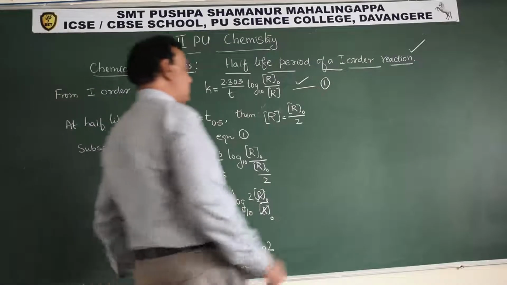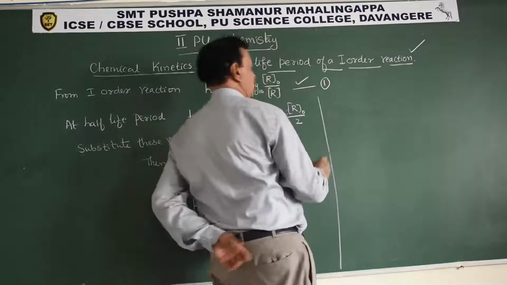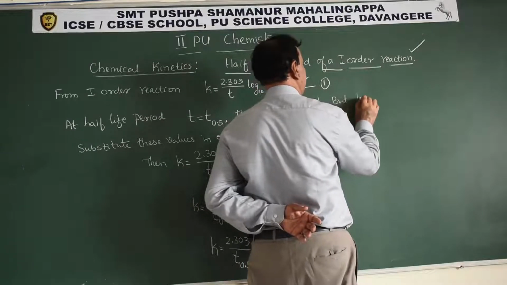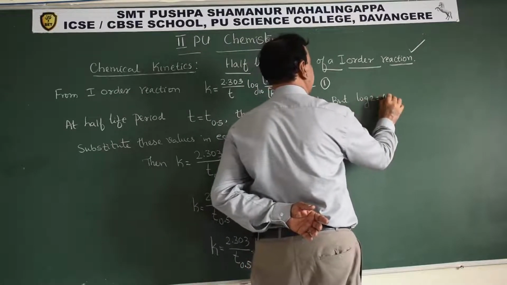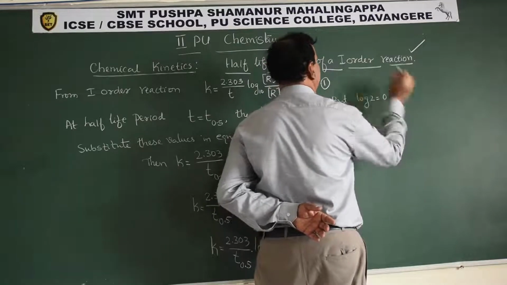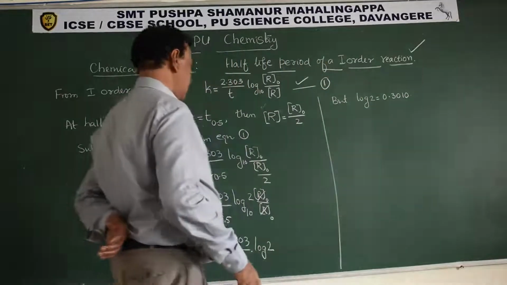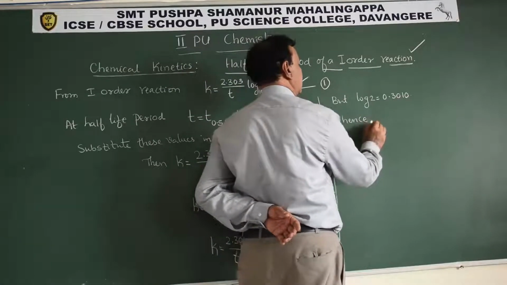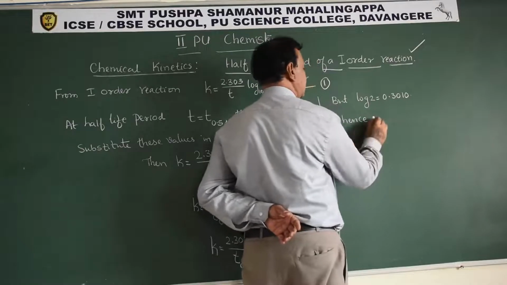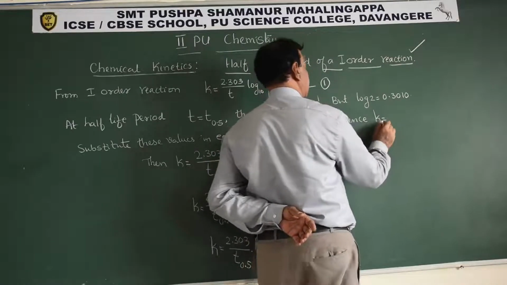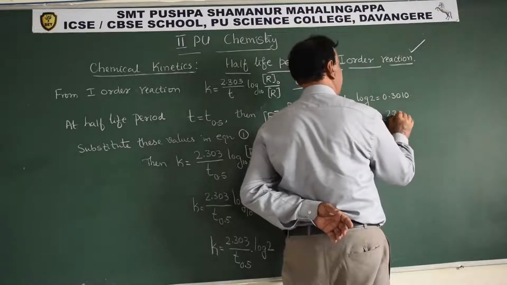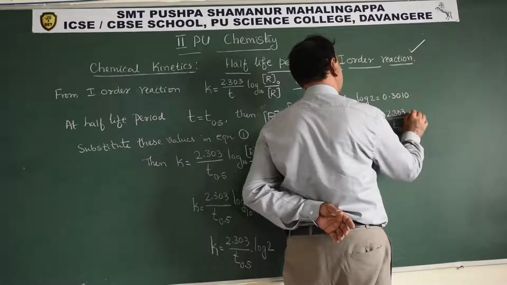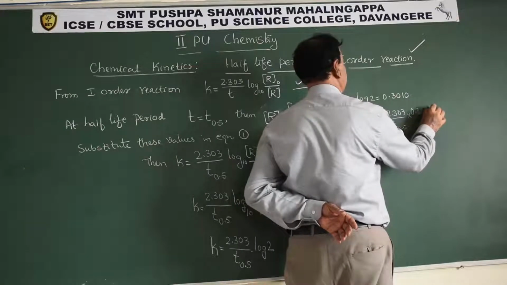We know that log 2 is equal to 0.3010. And hence K is equal to 2.303 divided by T half into 0.3010.